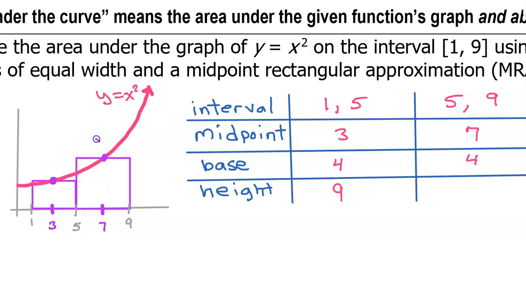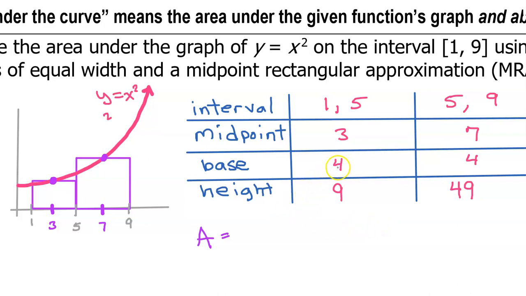Similarly, the height of the second rectangle will be the value of y equals x squared at x equals 7. So that's going to be y at 7, which equals 7 squared. So that's going to be 49. The sum of the areas of these two rectangles will be our approximation of the area under the curve between 1 and 9. So our area approximation is going to be the base times the height of each rectangle added up.